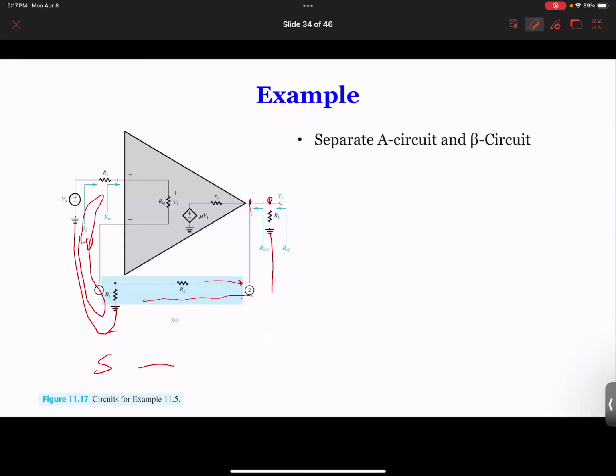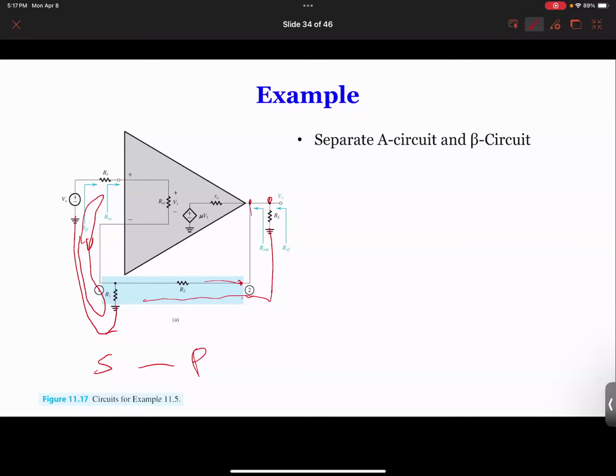So the output side is parallel. This is a typical series-parallel feedback, and now we have identified the feedback network, or feedback circuit. Now we need to take this out and derive those three parameters, R11, R22, and beta.